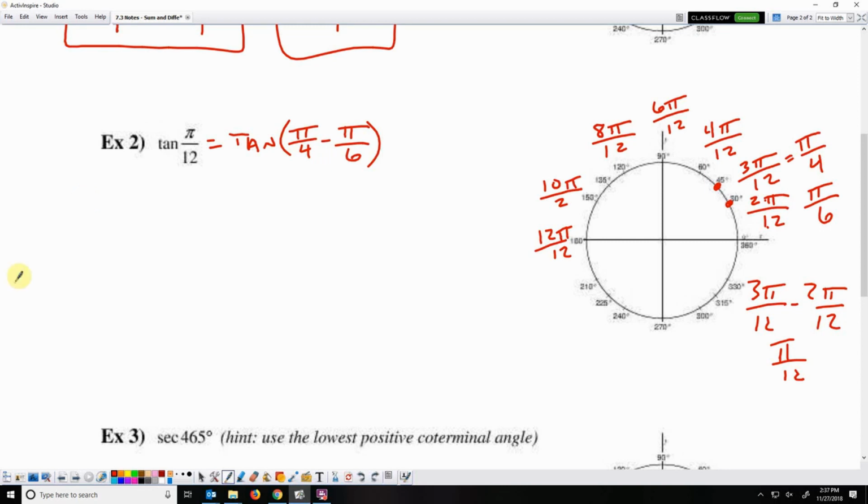So it's tan pi over 4 minus tangent pi over 6, all over 1, and then it's minus or plus, which means change the sign. So I'll change to a plus. Tan alpha times tan beta, so tan pi over 4 times tan pi over 6.